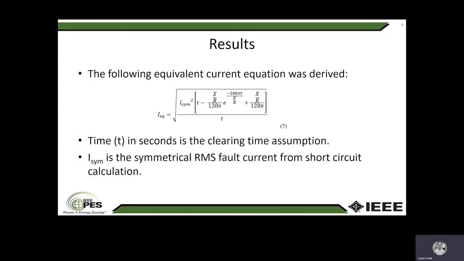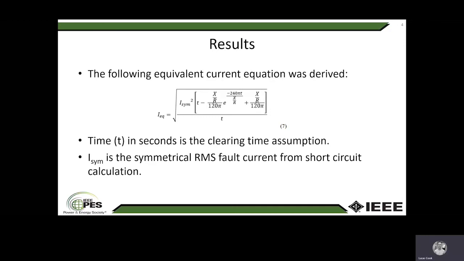Now the paper goes through the actual derivation, but the punchline here is this final equation. It is an equivalent current that you can use to plug in one current value to the ICEA equations and be assured that you've accounted for the X over R ratio, that is to say the asymmetry of the fault current.